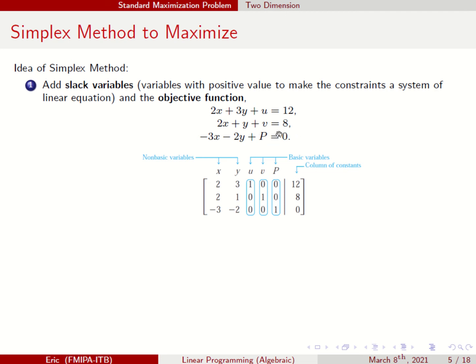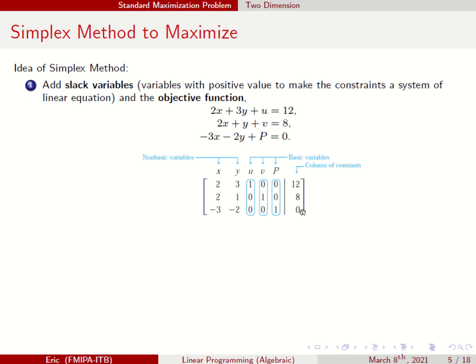From this, you make what we usually call the simplex tableau. The columns that correspond to the columns of the identity matrix, 1 0 0, 0 1 0, 0 0 1, are what we call basic variables. So u, v, and p are basic variables, and the others, x and y, are non-basic variables.